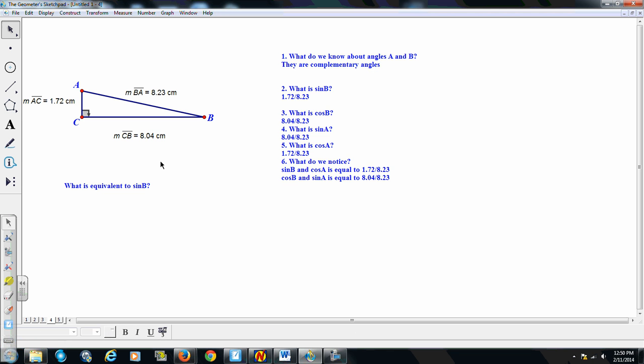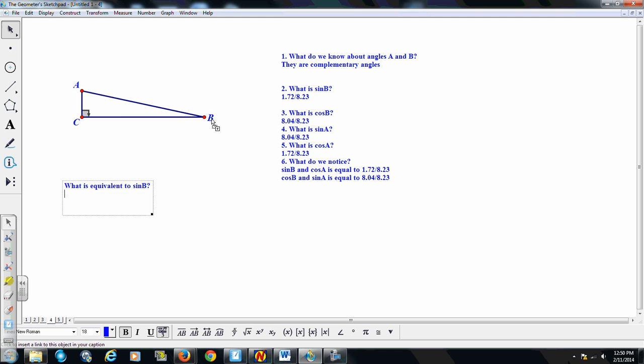So let's say we did not have these sides. What would you say if you were asked what is the equivalent to sine of B, and you're only given this picture? Well, I know that if I'm looking over here at sine of B, this side is going to be my adjacent regardless of the length, and this is going to be my opposite regardless of the length.